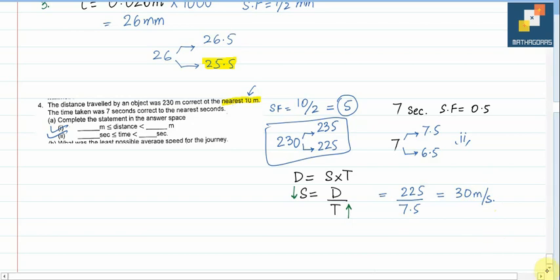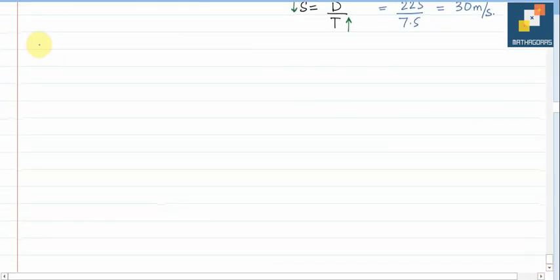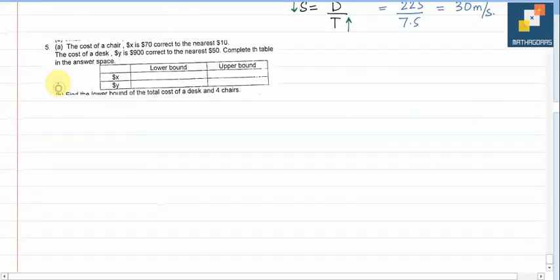Moving on to the next question. The cost of a chair is $X, $70 correct to the nearest 10. So if the amount is $70 and the scale factor is 10 upon 2, that is $5. So the 70 has an upper bound of 75 and a lower bound of 65.